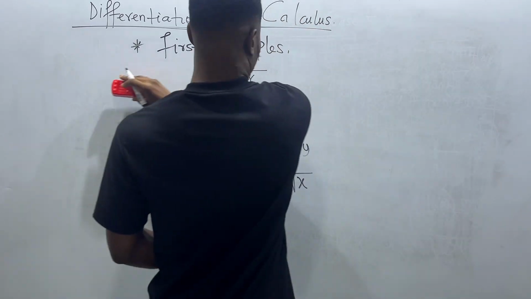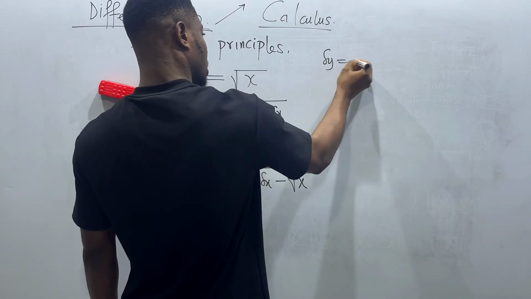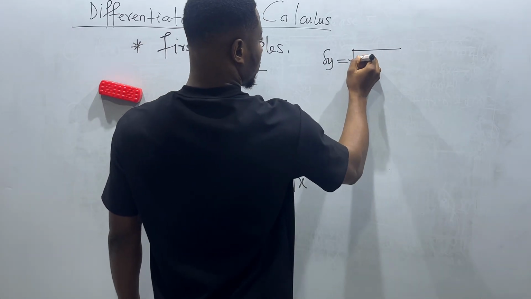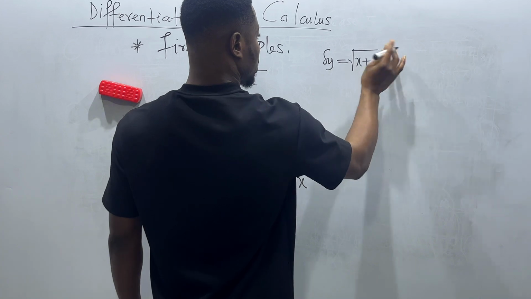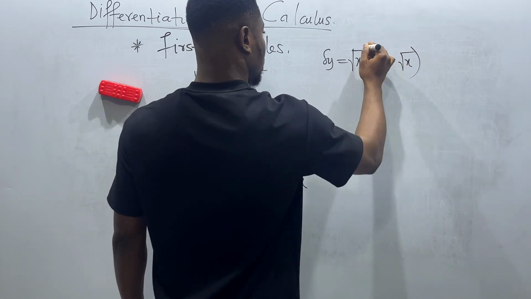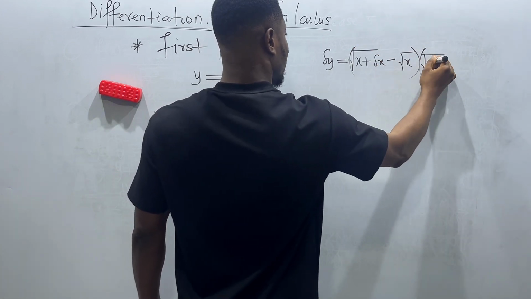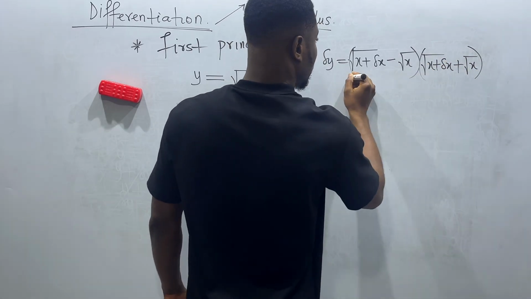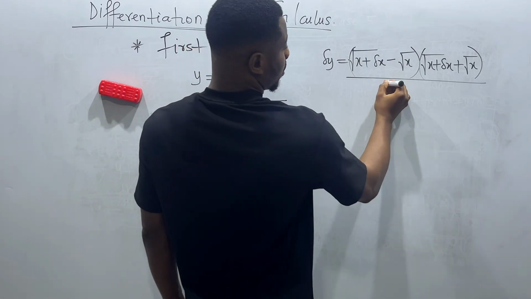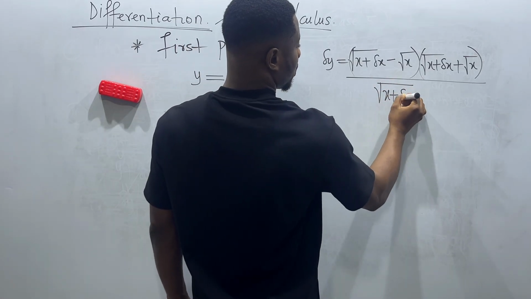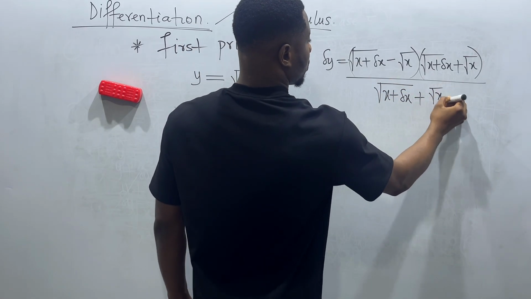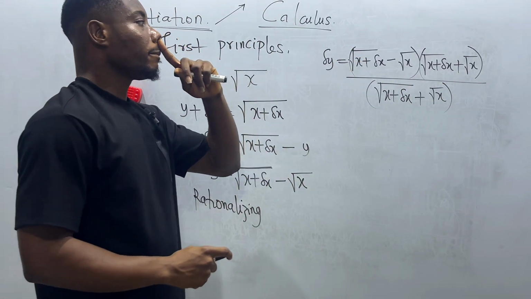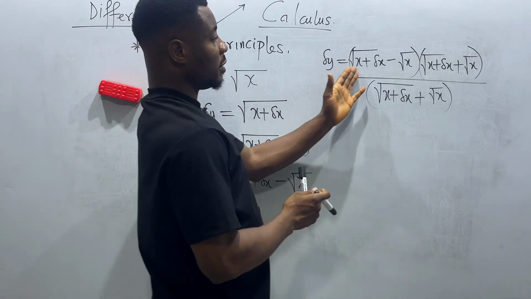Let's take it closer here. So I have that change in y is equal to square root of x plus change in x minus square root of x, multiplied by square root of x plus change in x plus square root of x, now divided by square root of x plus change in x plus square root of x. So this is what it means to rationalize. Now remember that what we have here is a difference of two squares.